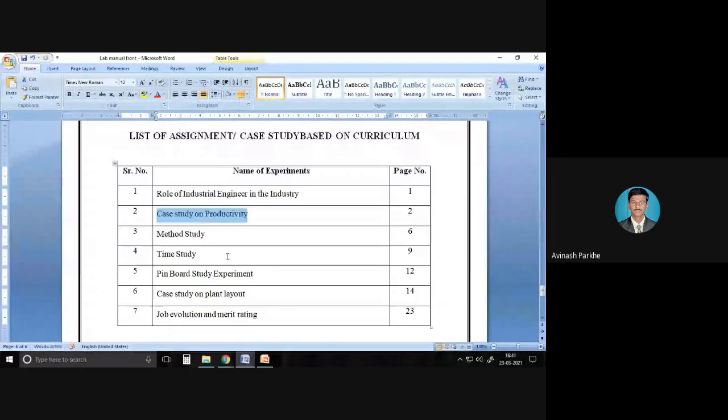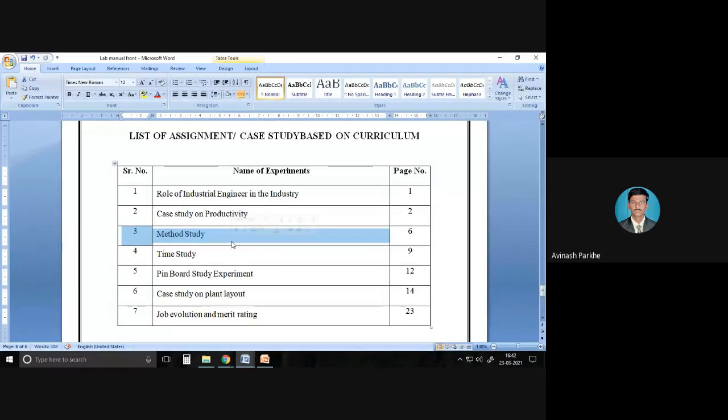Then the third experiment is called method study, which we have discussed in detail in chapter number 2. Method study means eliminating the unnecessary operations in order to increase productivity. Whatever number of operations we are performing, some unnecessary operations are generated while performing them.